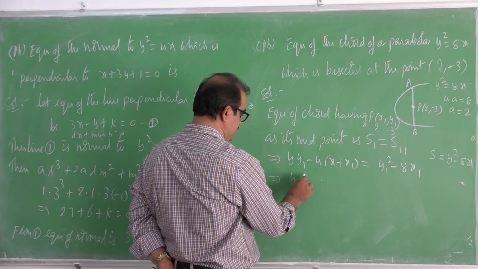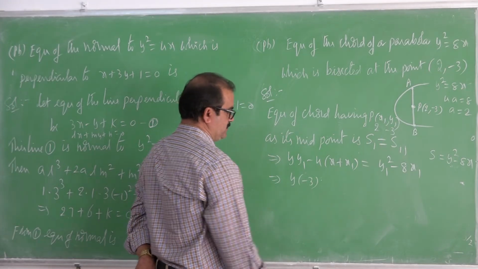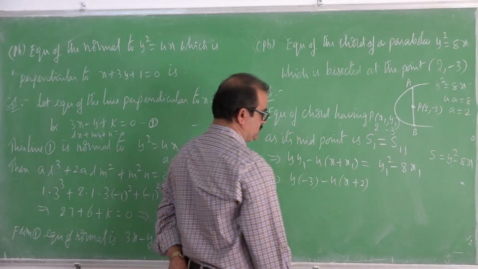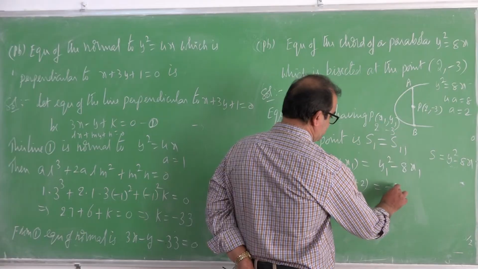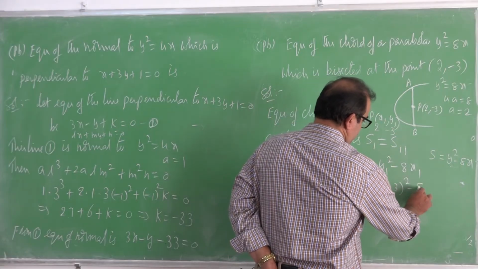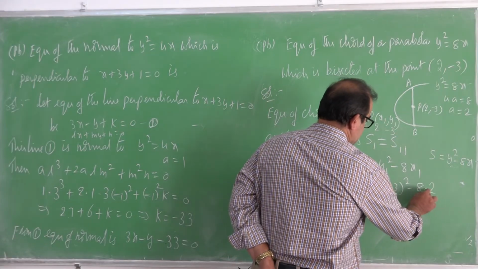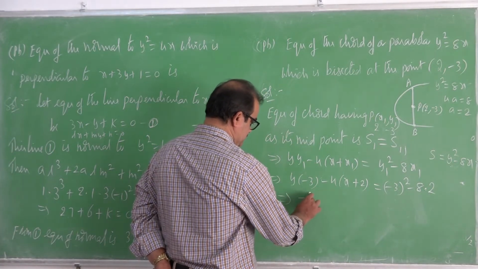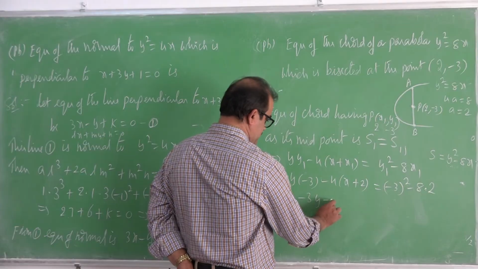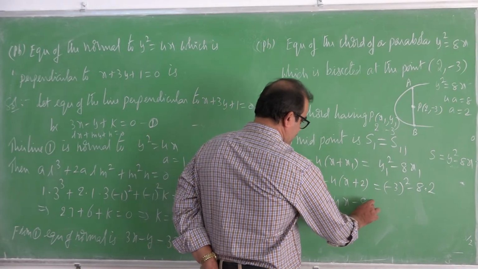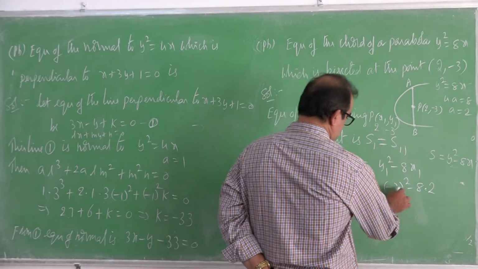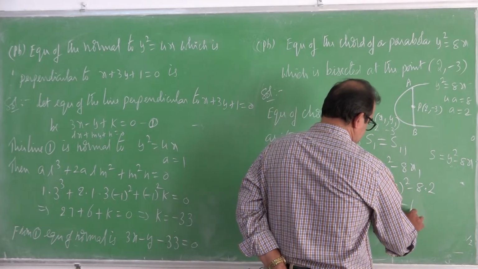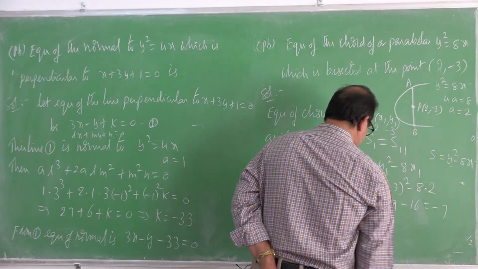y into y1 minus 4 into x plus x1 is equal to y1 square minus 8x1. With x1 as 2 and y1 as minus 3, we get minus 3y minus 4x minus 8 is equal to 9 minus 16, which is minus 7.